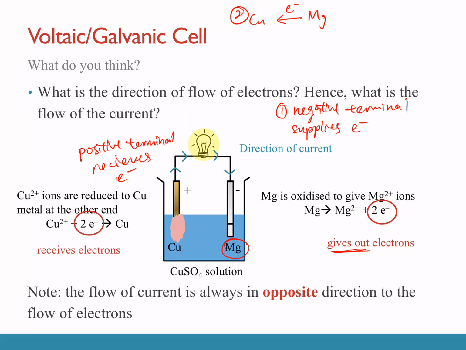This electron flow. So flow of conventional current is copper to magnesium. Conventional current. Right? I still remember my physics. So we recall that conventional current always starts from the positive terminal to the negative terminal. So this is how you can assign the positive and negative terminal for a voltaic galvanic simple cell.